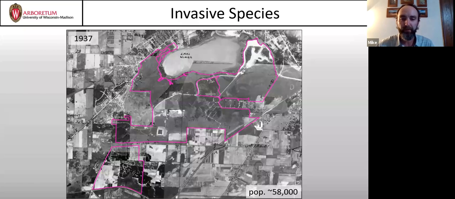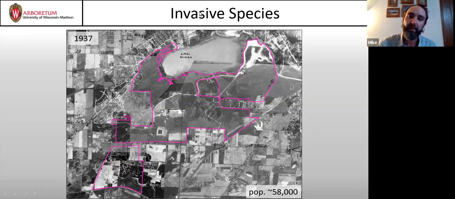So this is an aerial photo from 1937 that shows the current Arboretum boundary in this pink color here, and you'll notice some residential development here on the north and west side, and then a little bit over here on the east side. The Isthmus, where downtown Madison is, would be up this direction.